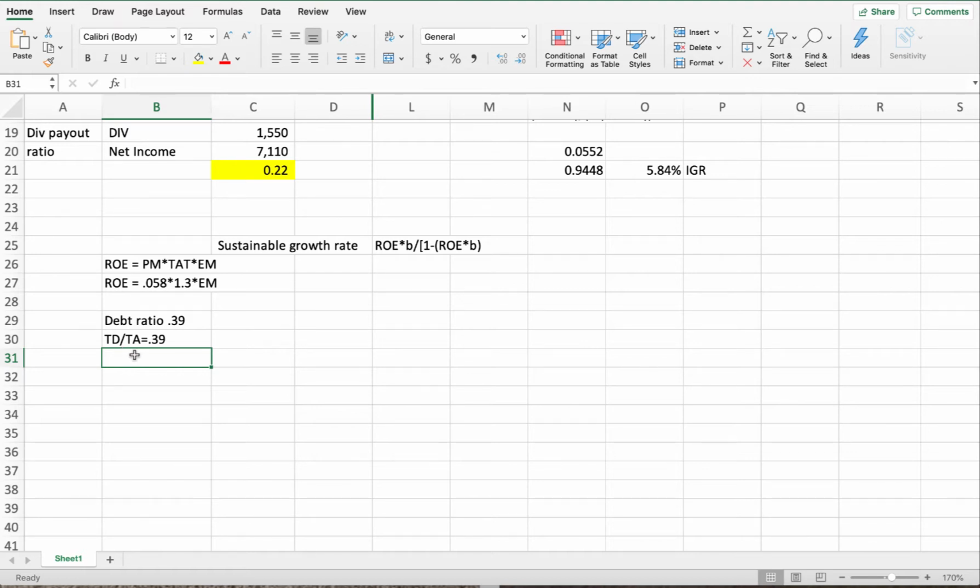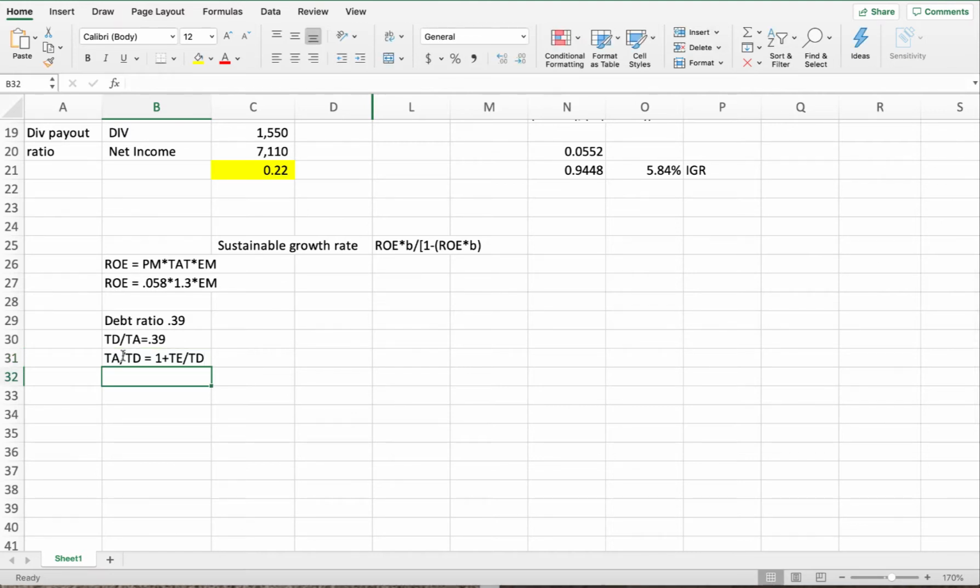So what we're going to do to invert it, we're going to say, okay, not a problem. We're going to start off with TA divided by total debt. We can invert this and say, well, it's 1 plus our total equity divided by our total debt. Okay, cool. All right, we're chugging along here, okay?